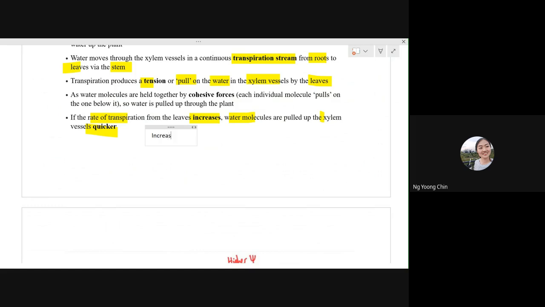You need to increase the surrounding temperature. Then you reduce the humidity, because increasing temperature will directly reduce humidity, right? And also you increase the wind speed. So those methods will help to increase the transpiration rate.